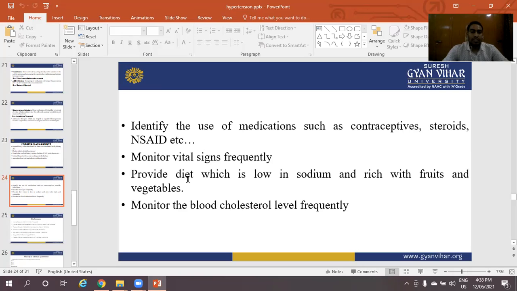Provide a diet which is low in sodium and rich in fruits and vegetables. Monitor the blood cholesterol level frequently, because cholesterol deposition in blood vessels causes hyperlipidemia and raises blood pressure.